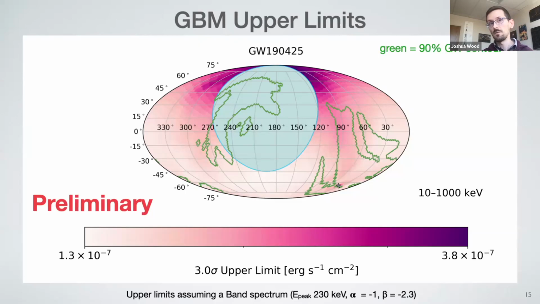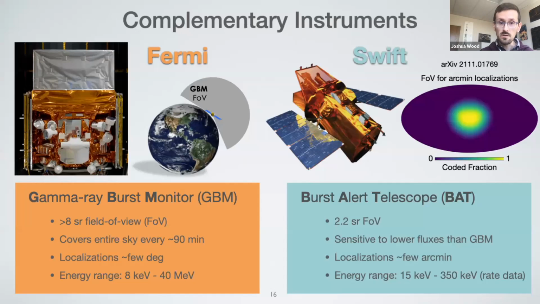To help us out in case we did miss it, we joined forces with a complementary instrument called Swift-BAT, where BAT stands for the Burst Alert Telescope. It's a more focused instrument, so it views a smaller portion of the sky, but has a higher sensitivity to lower fluxes than GBM and has much better localizations.